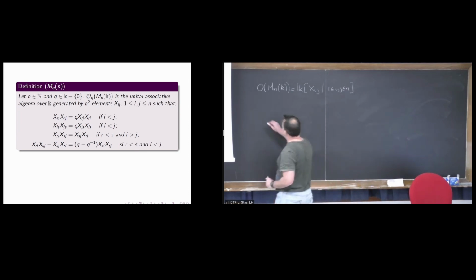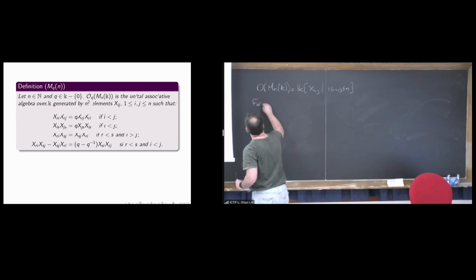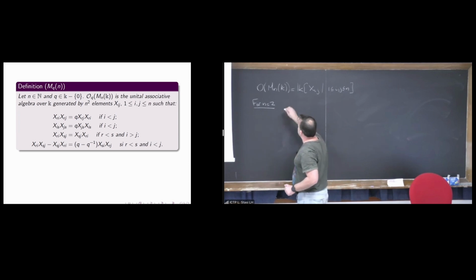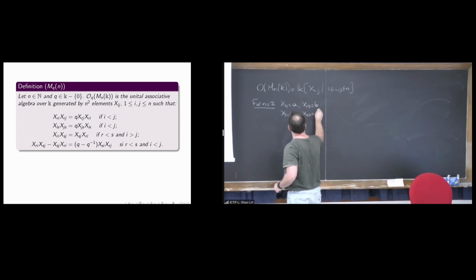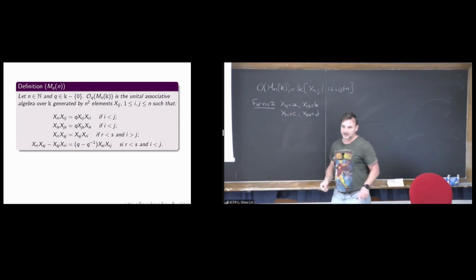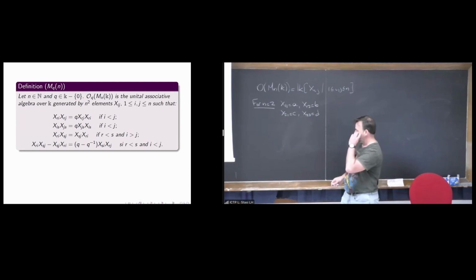For n equal to 2, so as not to write subindices, let me write x11 equal to a, x12 equal to b, x21 equal to c, and x22 equal to d. So I write less on the blackboard.